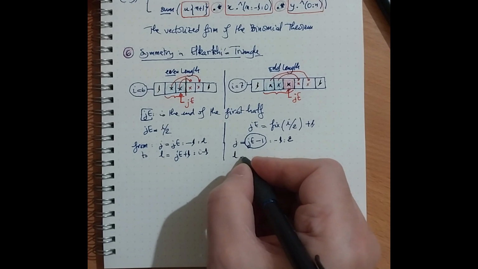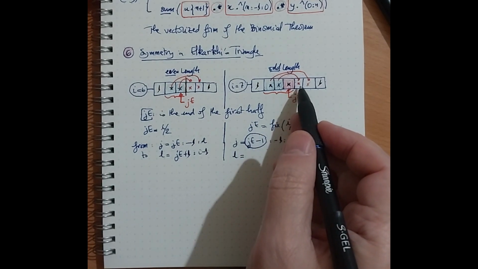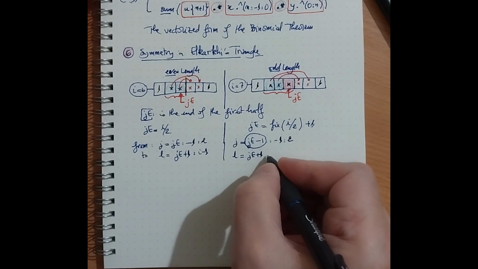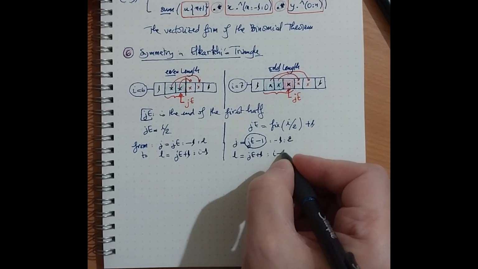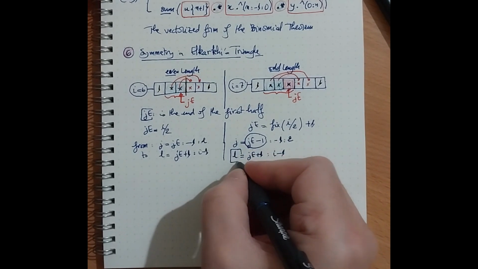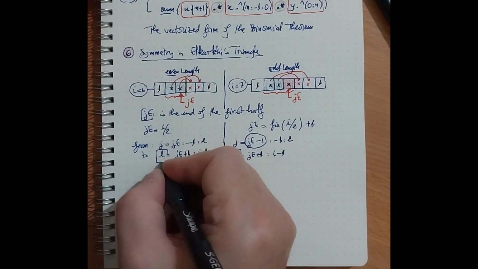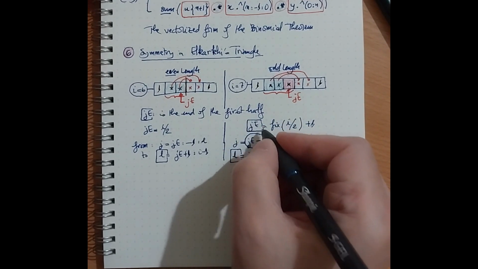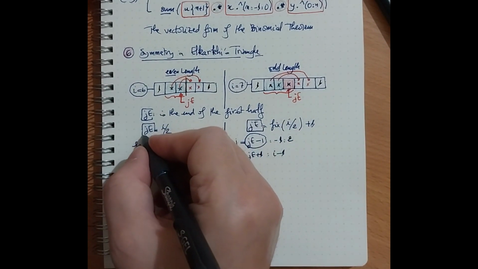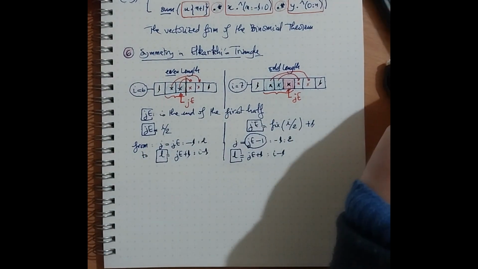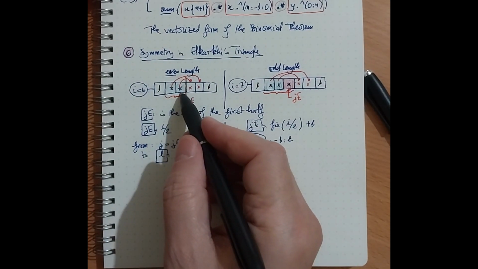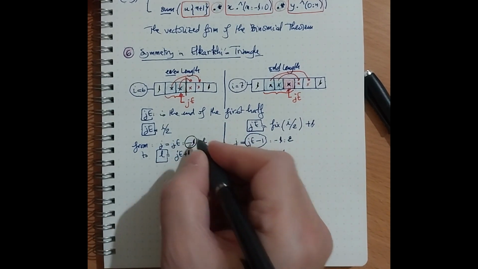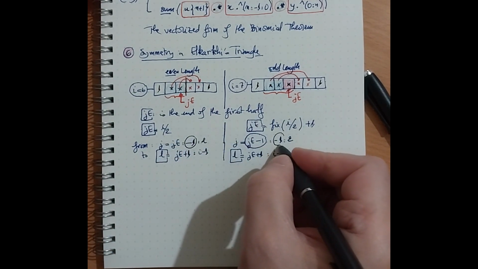While here L is the same formula, JE plus 1 till I-1. So we have the same formula for L here, and we have a formula for JE. And the index for the element to be copied crosses the first half using a step equal to -1, in the reverse order.